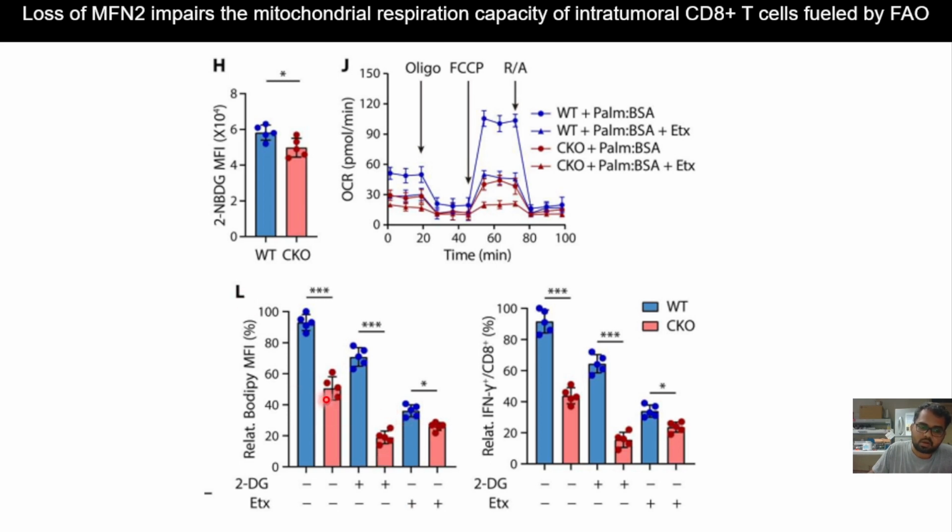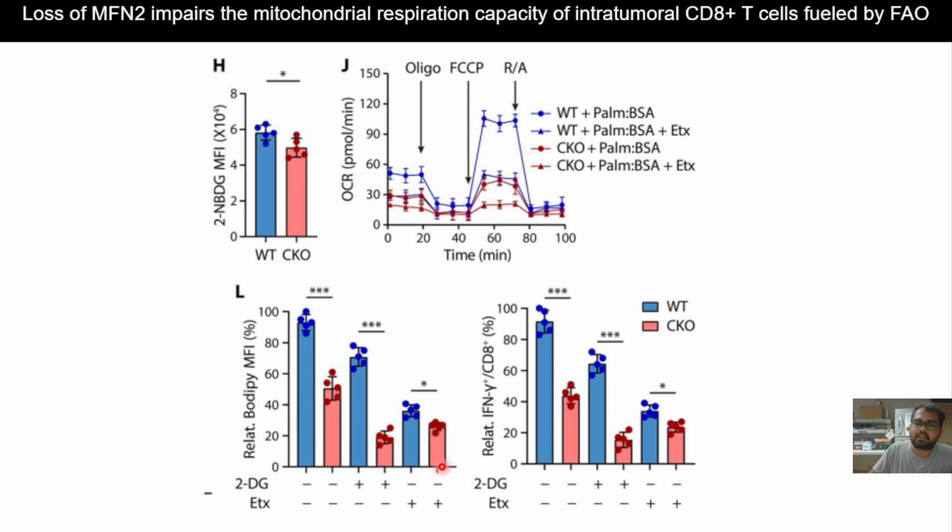In the knockout, the basal level is already decreased, but when the 2DG was given, meaning glycolysis is inhibited, it goes more down, and when the ETX was given, it also goes down compared to the wild type, it is less.